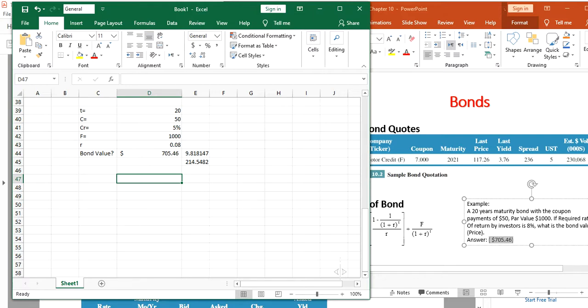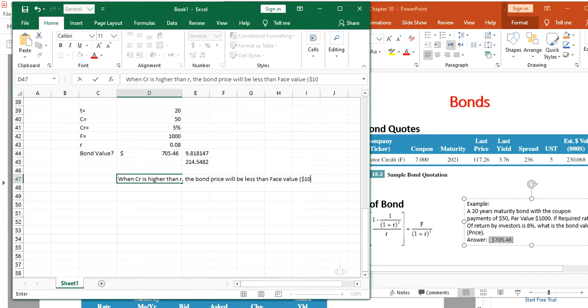So when the coupon rate is higher than R, I wouldn't say interest rate, let's say R, because we have several terminologies for this. Higher than this, the bond price will be less than face value, which is $1,000.